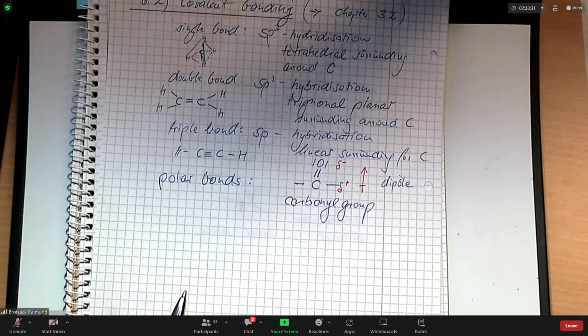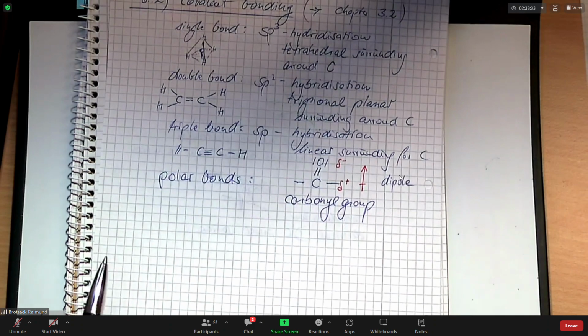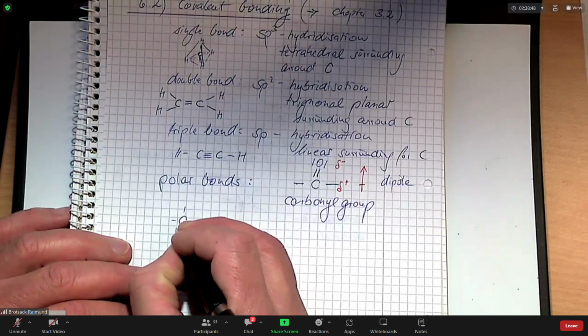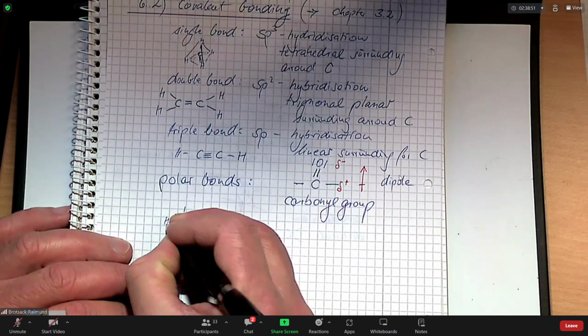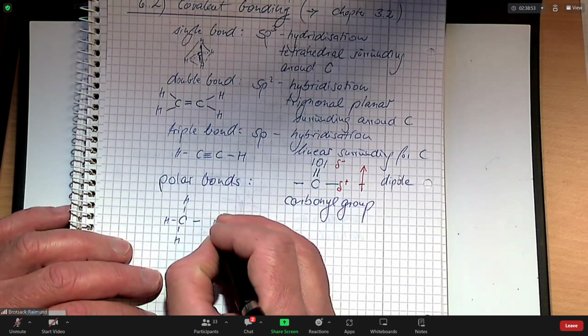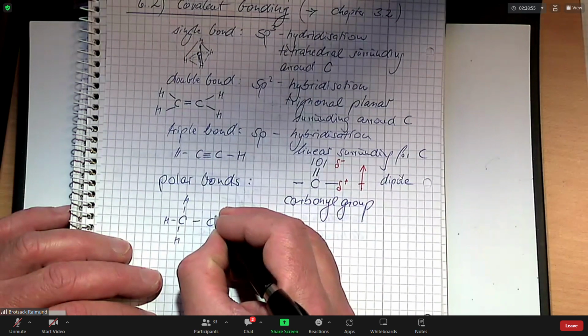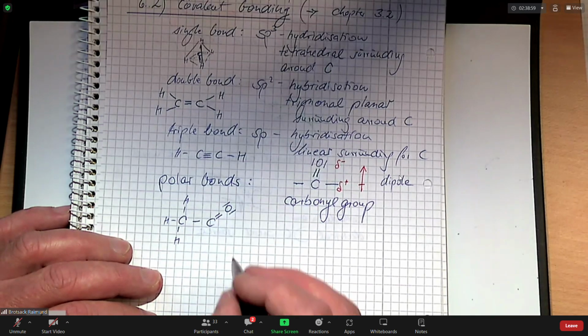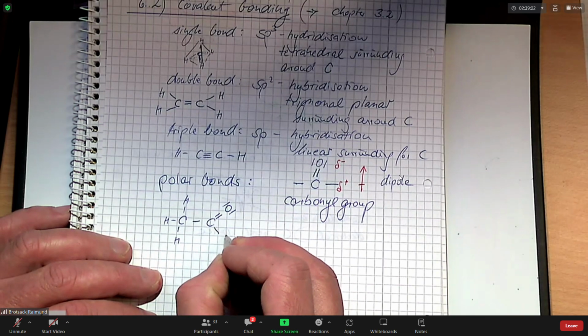And now, well, this carbonyl group can be placed at different sites in an organic molecule. When it is at the end of an organic molecule, like we have it here, CH3, and at the end we have the C double bond O, that's our carbonyl function, and 1 hydrogen left.